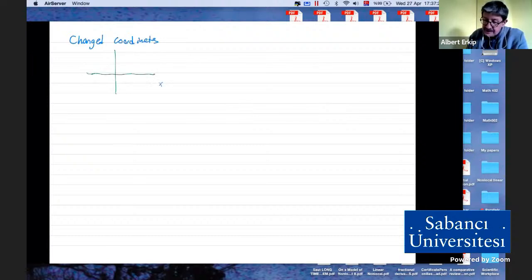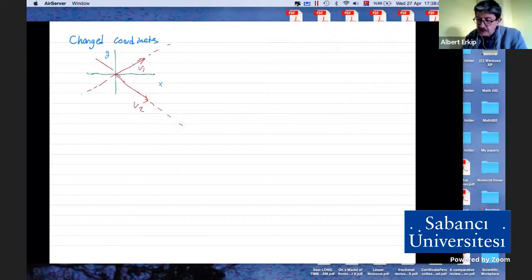We had the x-axis, the y-axis, and then we had the two eigenvectors, v1 and say v2. So we changed to new axes. My new axes will be these guys. So I want to write everything in terms of v1, v2. You have the v1 axis and the v2 axis.